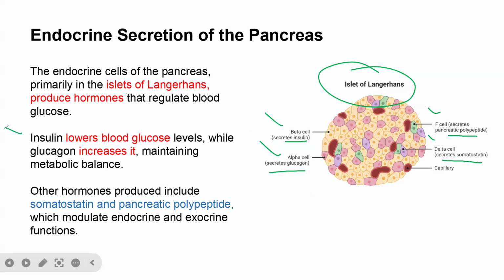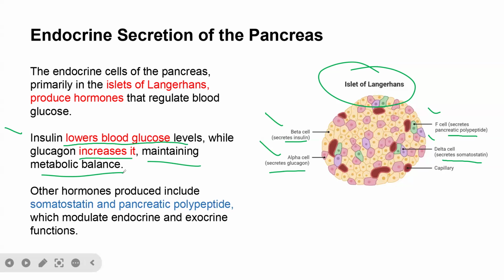The insulin secreted by beta cells is responsible for lowering blood sugar levels, while glucagon is responsible for increasing blood glucose level, which is important in maintaining metabolic balance. Other hormones produced include somatostatin and pancreatic polypeptide, which modulate endocrine and exocrine functions. So you see, the pancreas has both endocrine and exocrine secretion.